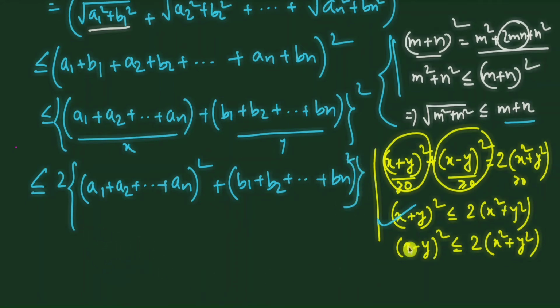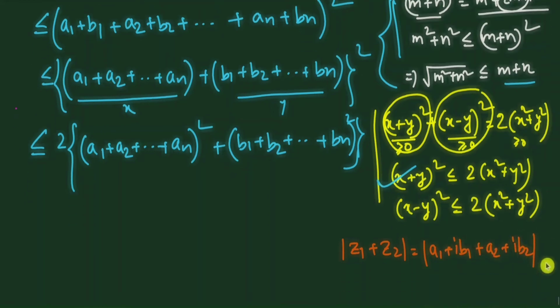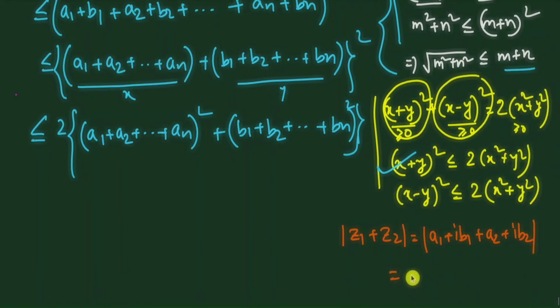Now we just calculate the modulus of two complex numbers. So the modulus of z1 plus z2 equals, since the modulus of a1 plus iota b1 and a2 plus iota b2, we know that the modulus is equal to root under of a1 square plus b1 square, sorry, I wrote it wrong.